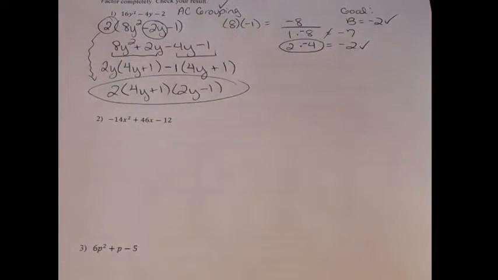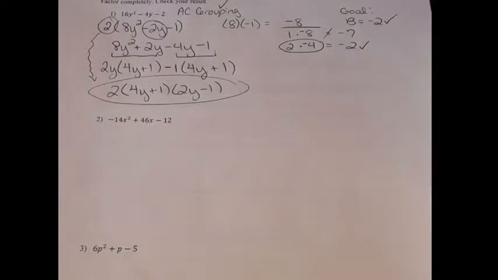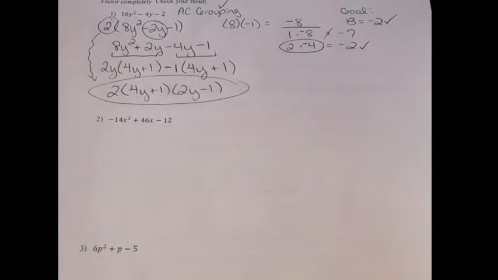So the very first thing I'm going to do here is look for a GCF. Immediately, my eyes go straight to this negative, because I'm thinking, oh, shoot, I have a leading negative, so I definitely have to factor that out. The next thing my eyes go to is that I have 14, 46, 12, and these are all even numbers, so immediately I know I can factor out a 2.